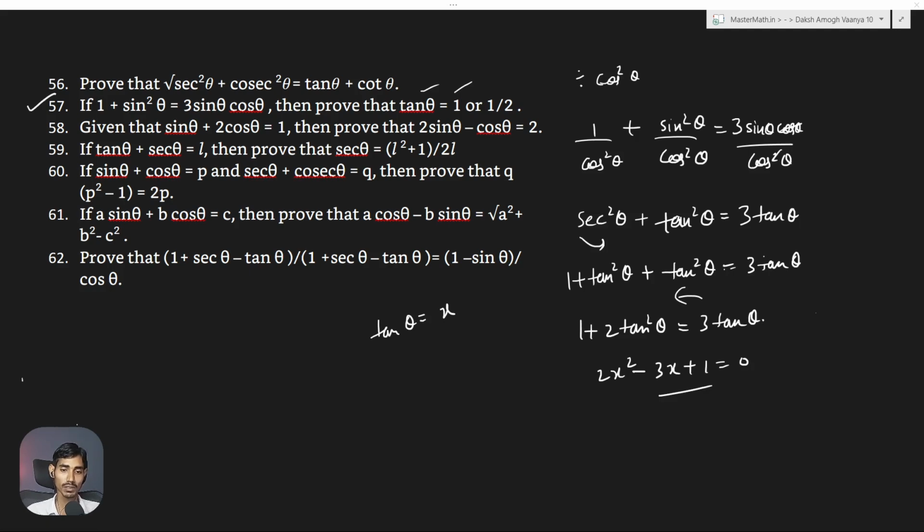First step after this: 2x square minus 3x. So I'm splitting the middle terms. What to do? What to write next?